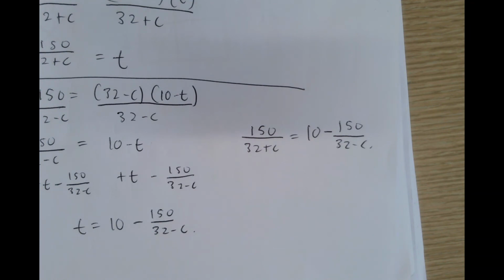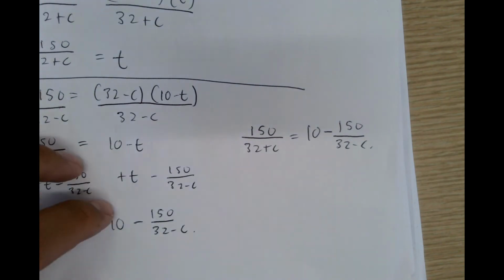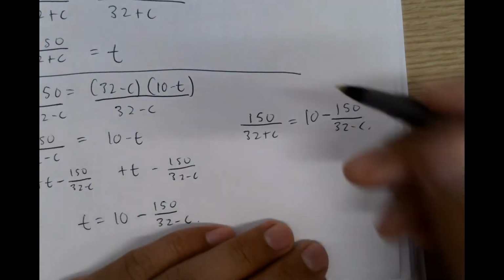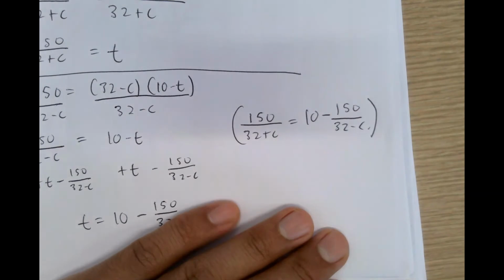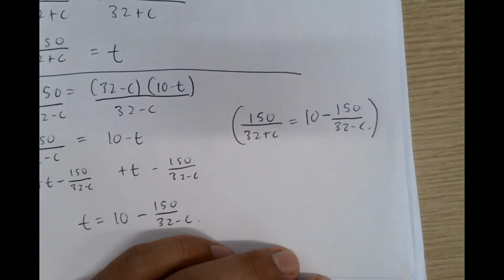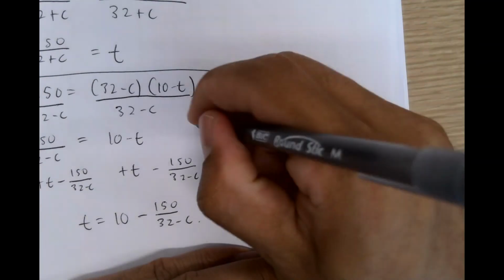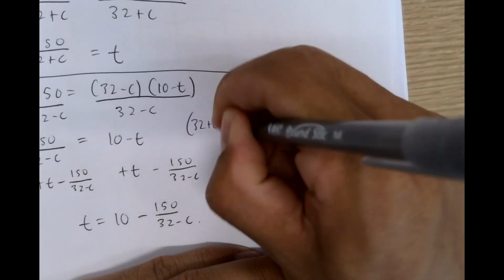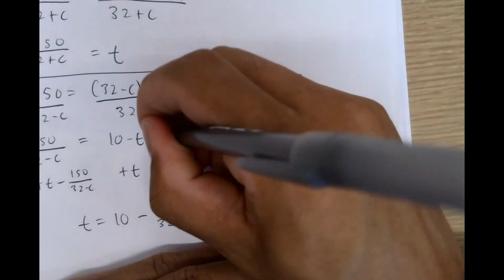Okay, sorry, I probably didn't give you guys enough space. So you can see here that my denominators are 32 plus c and 32 minus c. So that means to get rid of my denominators, I'm going to multiply everything by 32 plus c, and I'm going to multiply everything by 32 minus c.